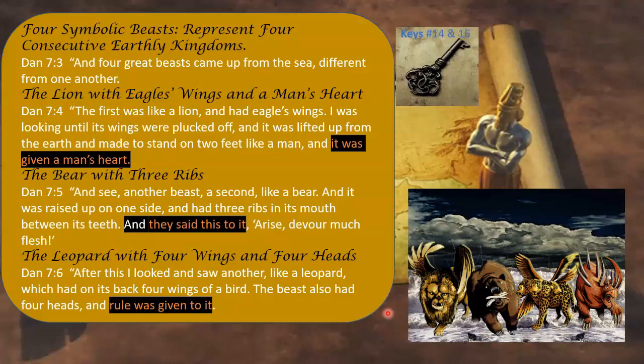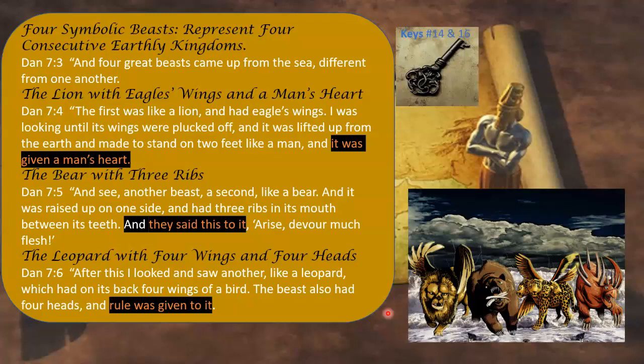So this is very, very interesting. These are chimeric beasts. They are a blend. Their descriptions show a blended nature of animal beast and men. And so for the first one, the lion with eagle's wings was lifted up from the earth and made to stand on 2 feet like a man, and it was given a man's heart.